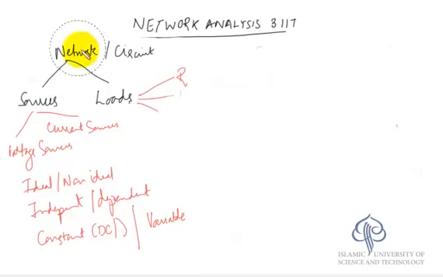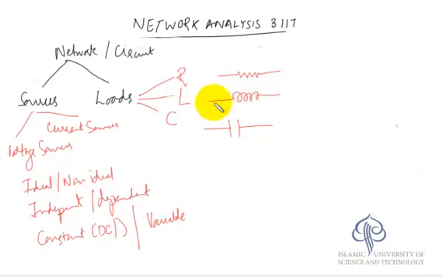The governing equations that you have studied are for idealized loads, in the sense that there is no resistance which does not have a capacitance or an inductance, but we talk about them separately as if the resistance exists entirely alone, the inductance exists entirely alone, and the capacitance exists entirely alone, which is not really possible in the practical world, because an inductance, for example, is made of wire, and every wire has some resistance also.